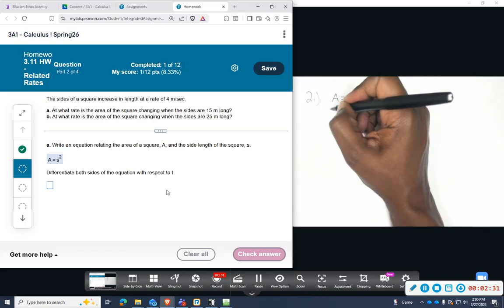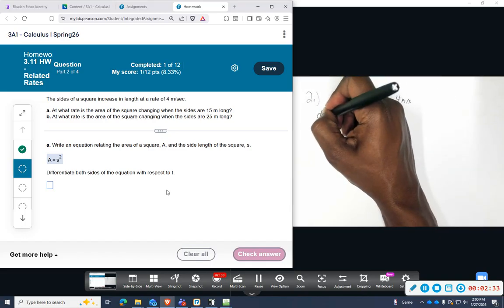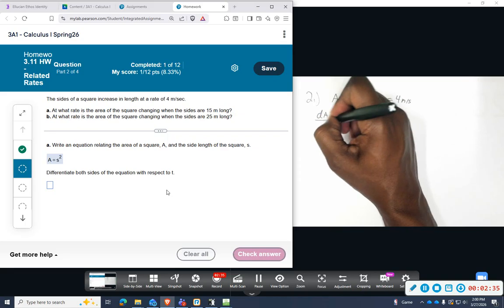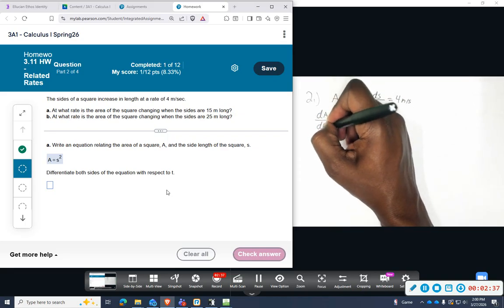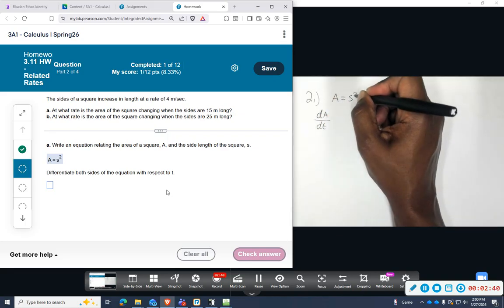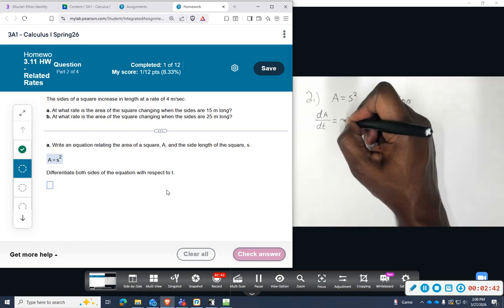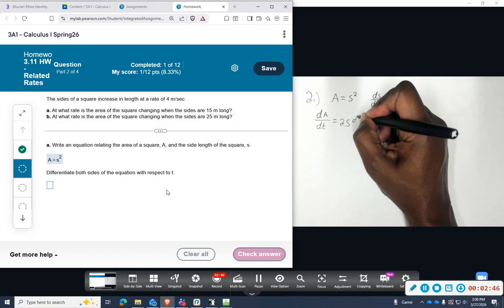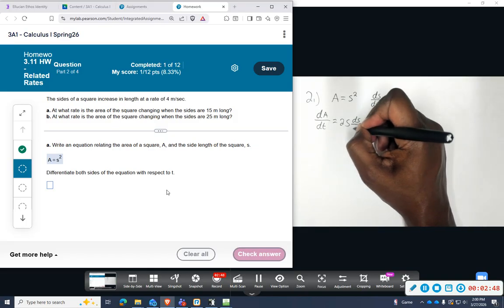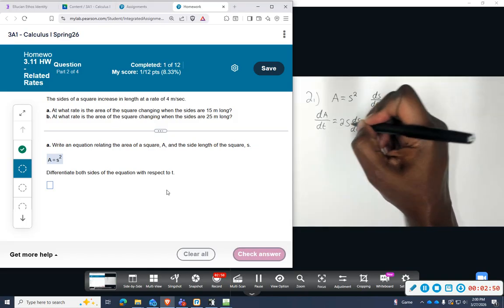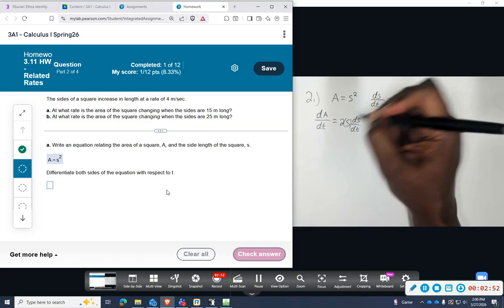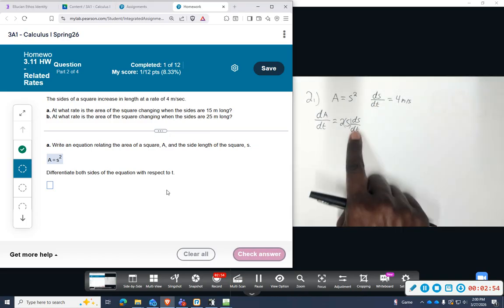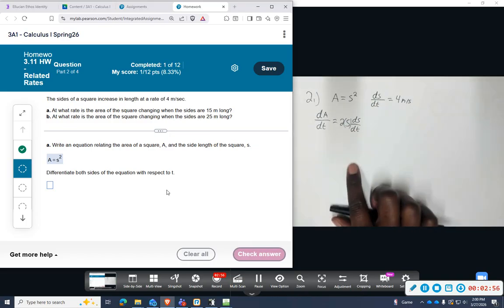And then the derivative of S squared is 2S, and then the derivative of S is ds/dt. You want to treat that like a chain rule: derivative of the outside and then times the derivative of the inside. So here's our derivative.